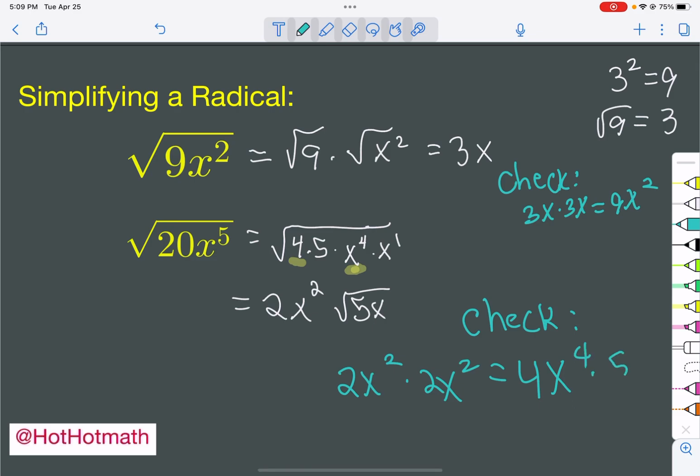And if I multiply it by the 5x that is stuck in there, I should get 20x to the 5th. And I do. So there is an example of two simplifying radicals that have both number components and also power components.